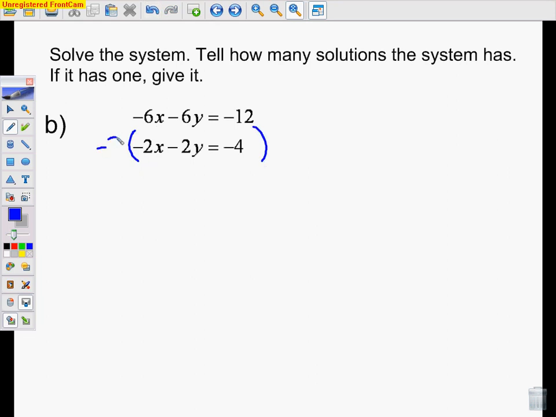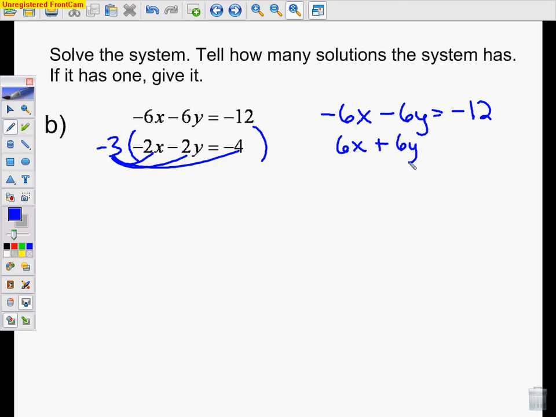I would have to multiply by negative 3. My top equation I'm going to keep the same: negative 6x minus 6y equals negative 12. And my new bottom equation, I distribute the negative 3 to everything, and it becomes positive 6x plus 6y equals positive 12.